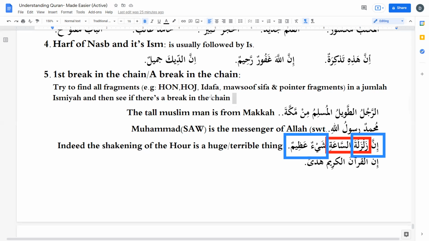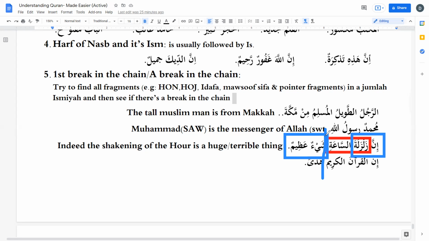And where is the 'is'? We were looking for where there is a first break in the chain. And where is the first break in the chain? After which word is the break in the chain? Before Shay'un. Yes, very good.